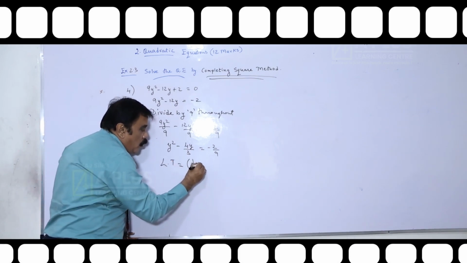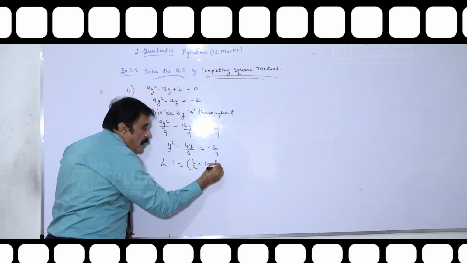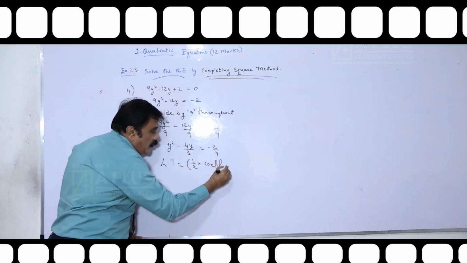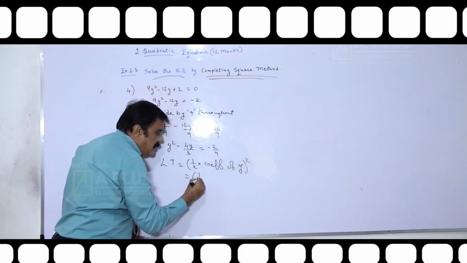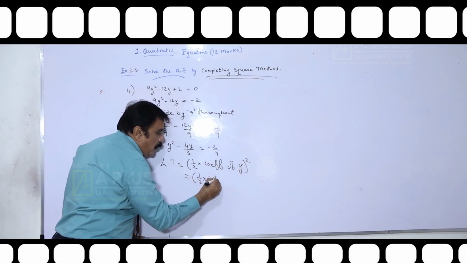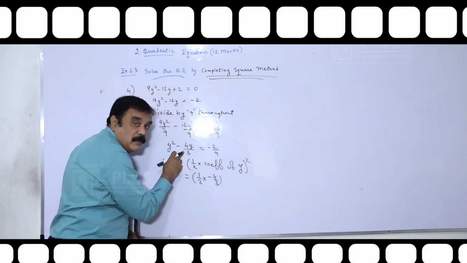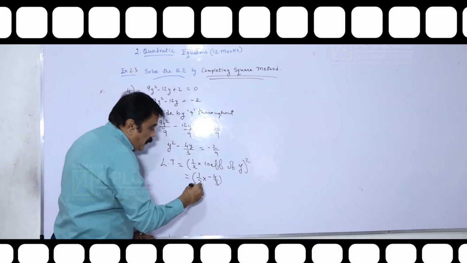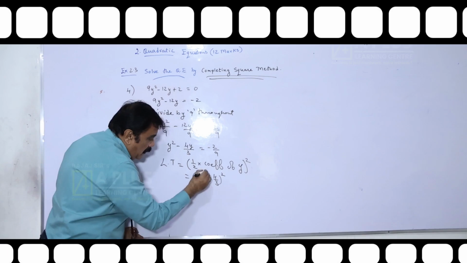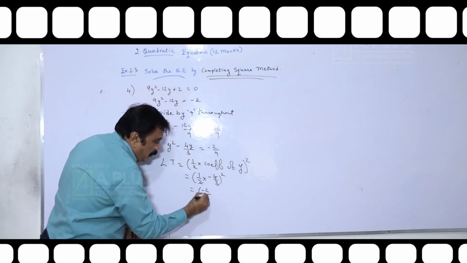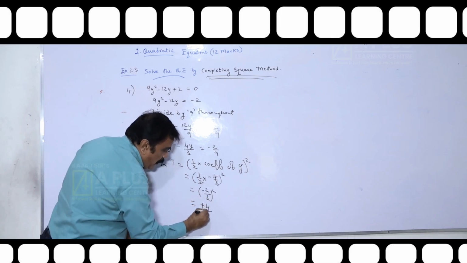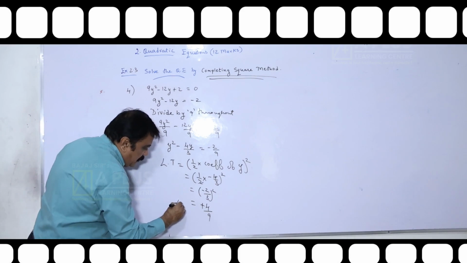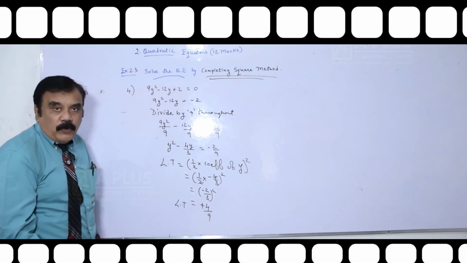Half into coefficient of y, the whole square. So here I will get half into minus 4 upon 3, this is the coefficient of y, minus 4 upon 3 the whole square. Now here this 2 and 2 cancel. So this will give you minus 2 upon 3 the whole square. That will give you plus 4 upon 9. So the last term I got is plus 4 upon 9.